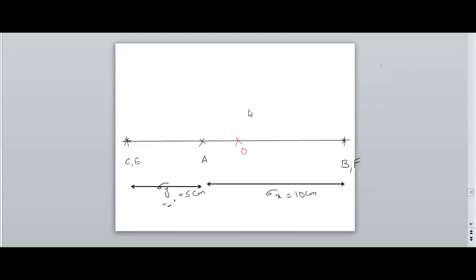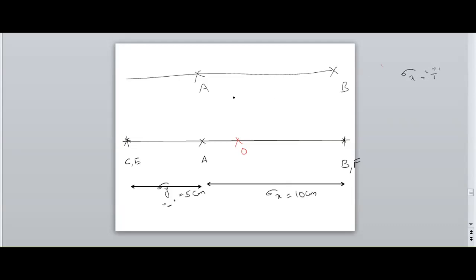Draw a horizontal line first. Make a point A. From A to B, because here AB is tensile. AB is sigma x, which is tensile in nature.